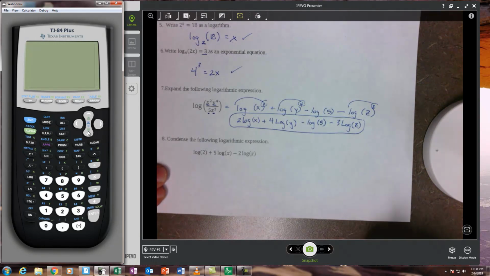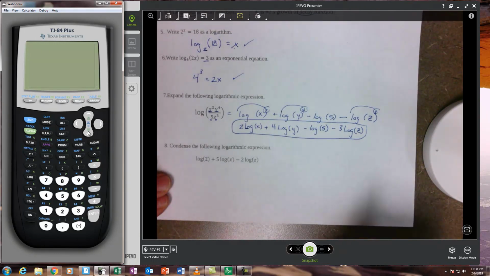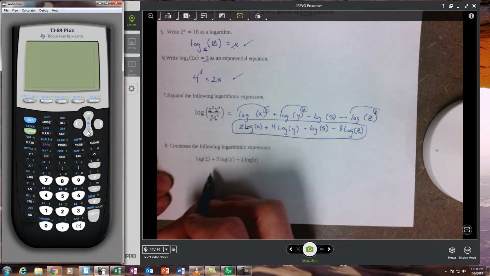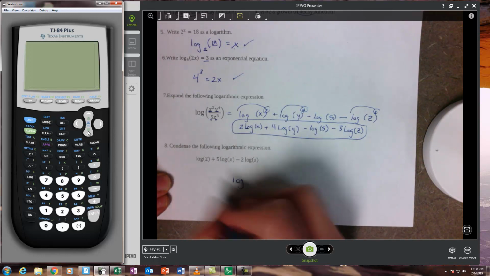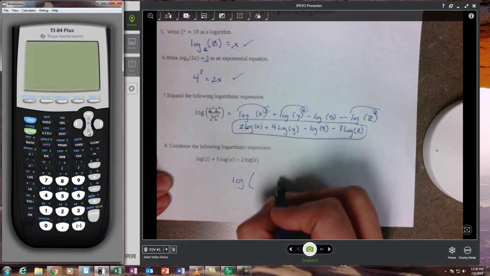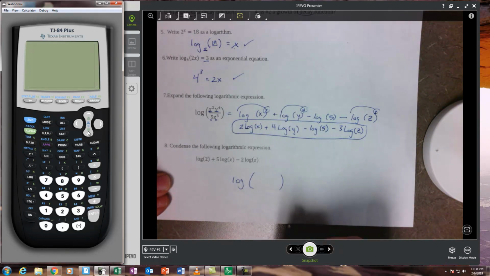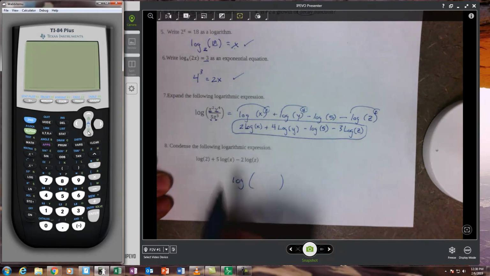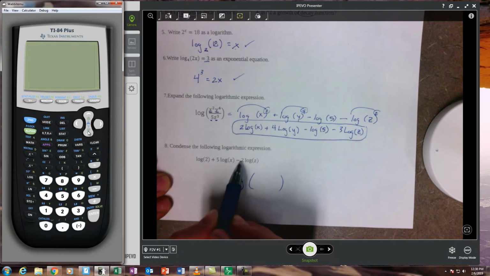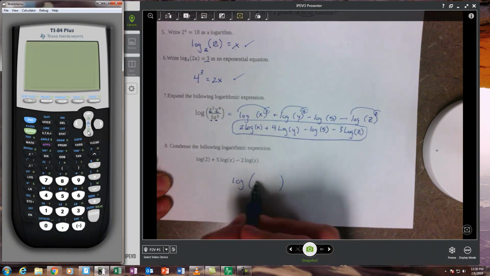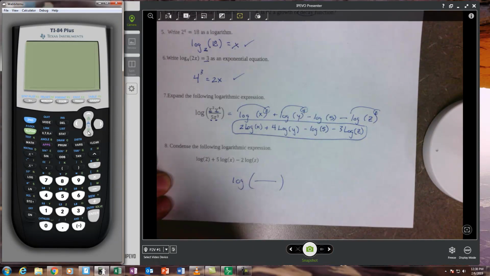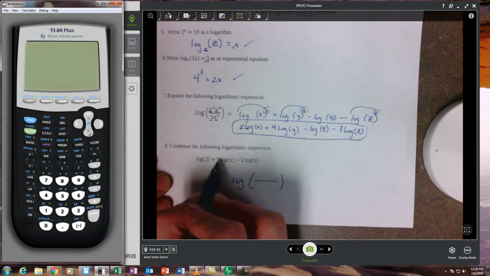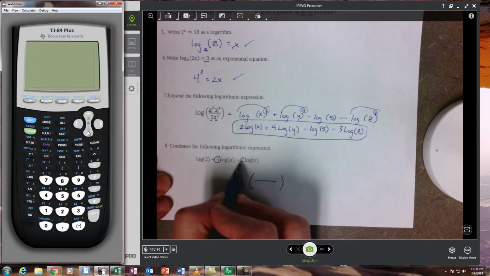Now with question number 8, I also want to condense the logarithm, which means to do the exact opposite. So first thing I'm going to do is write a logarithm. Notice it doesn't have a base, so it's base 10. Doesn't really hurt us. I want to know if this is going to have a fraction or not. So I look for any negative signs. If a negative sign exists, that means there will be a fraction. And now I want to be able to build things. Well, I also need to look at the last thing I did, which is these exponents that sit out in front.